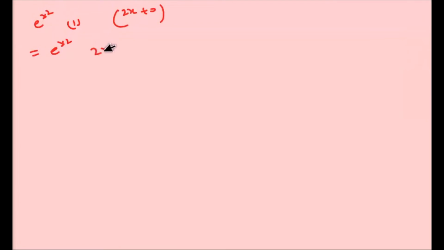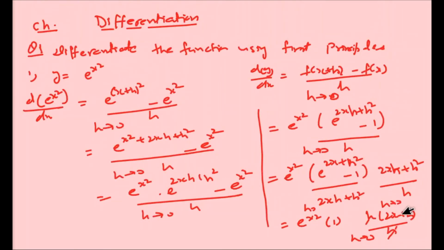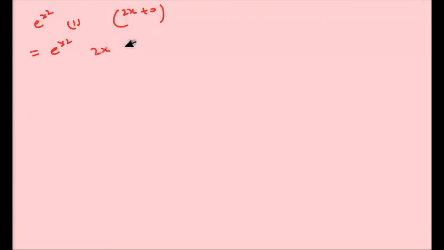Here 2xh plus h square, taking h common, h is cancelled, so we are left with 2x plus h. Putting the value of h, we get only 2x. So the answer is 2x into e to the power x square. This is your required answer.